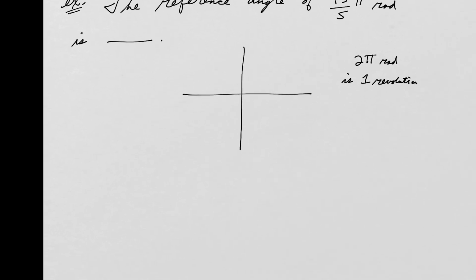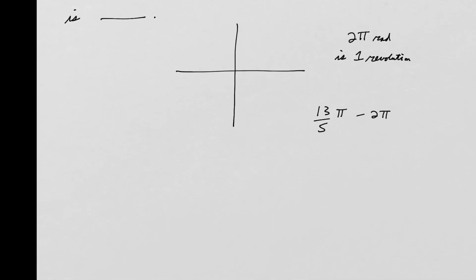So I have 13 fifths pi minus 2 pi. Well, 2 pi I could write as 10 fifths pi. I need to have the same denominator, so I multiply basically by 5 over 5. And that's going to equal 3 fifths pi radians.